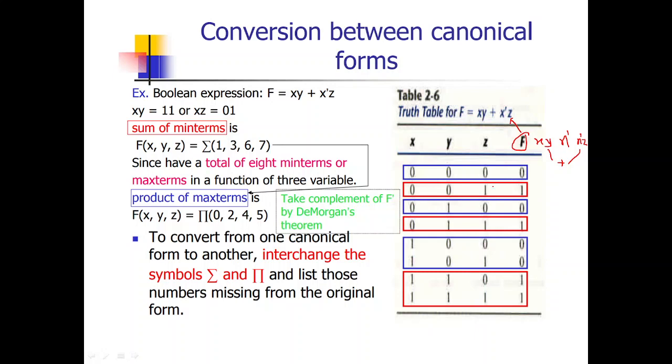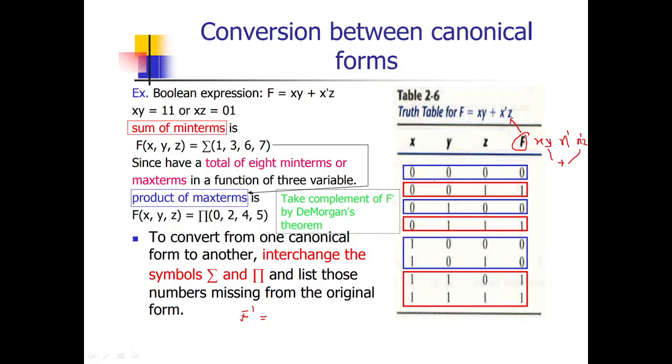So first we have to consider the Boolean function as f dash, and we have to write the minterms for which the output values are 0.